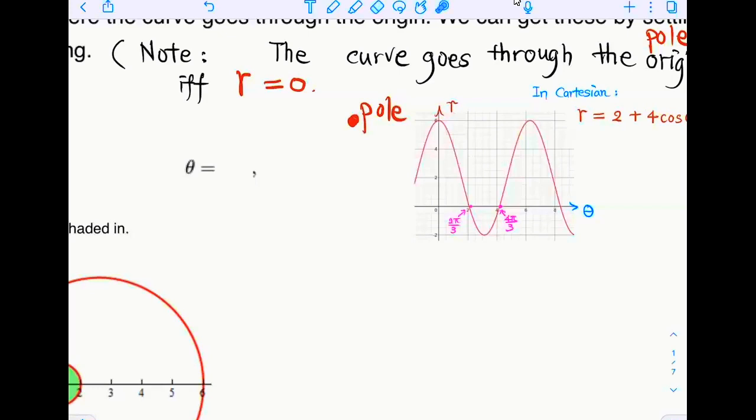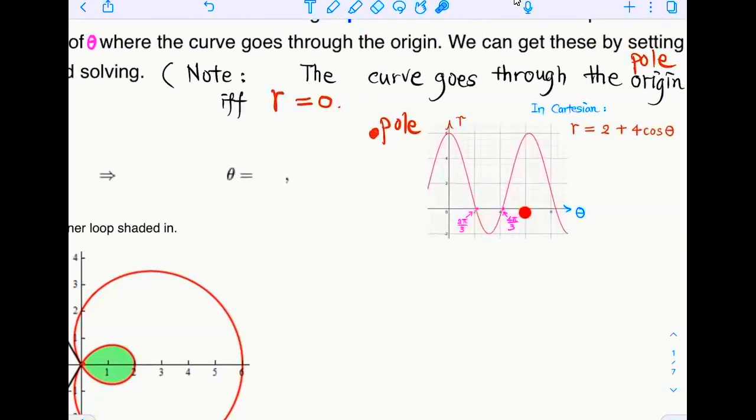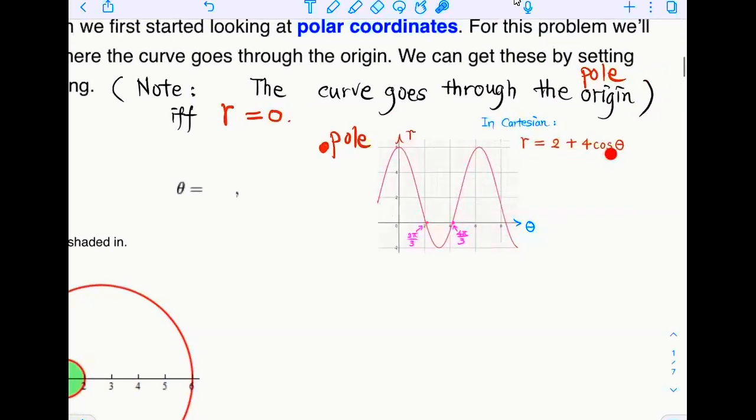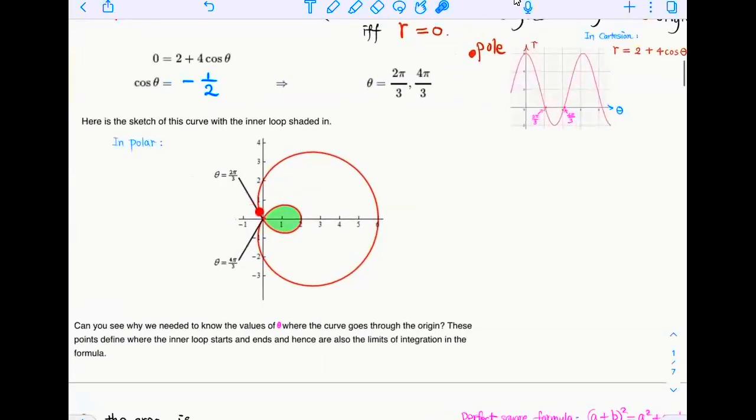So these two angles, from 0 to 2 pi, make 0 equal to 2 plus 4 cosine theta, making r equal to 0. So we got theta equal to these two numbers. Now we found that when theta equals 2 pi over 3 and 4 pi over 3, the curve is going to pass through the origin.